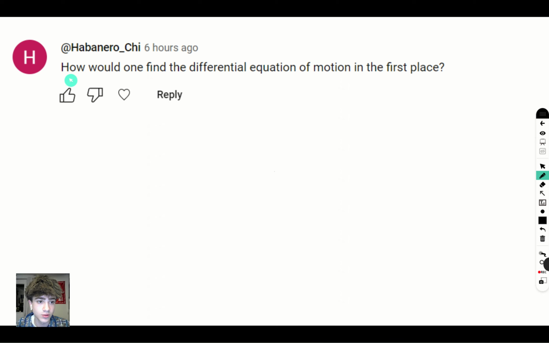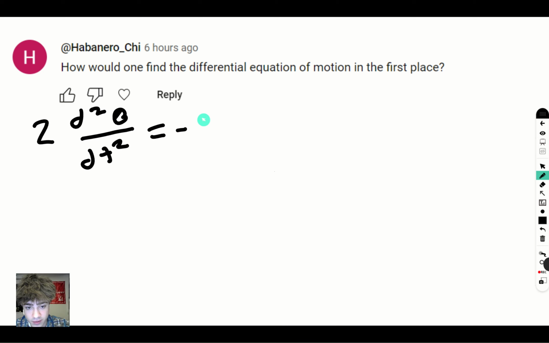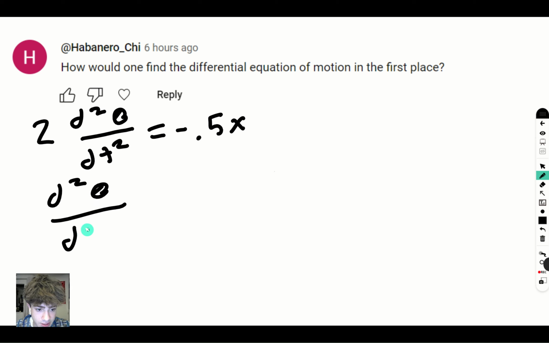And this response was left under a video where we were looking at the equation 2 d squared theta over dt squared is equal to negative 0.5x, which we can simply write as d squared theta over dt squared is equal to negative 0.25x. All we did here was just divide both sides by 2. So of course I'm going to be showing you how to find d squared theta over dt squared in different scenarios.